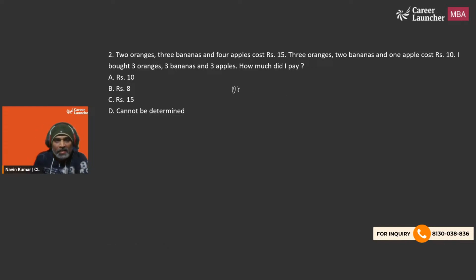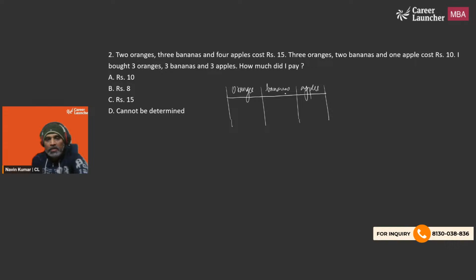So if you look at oranges, bananas, and apples, the first one tells us that we have 2 oranges, 3 bananas, and 4 apples, and the cost is 15.